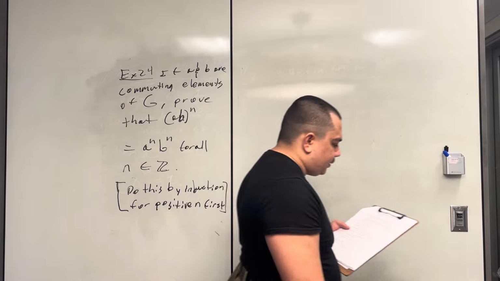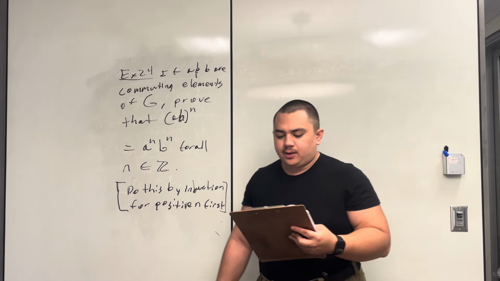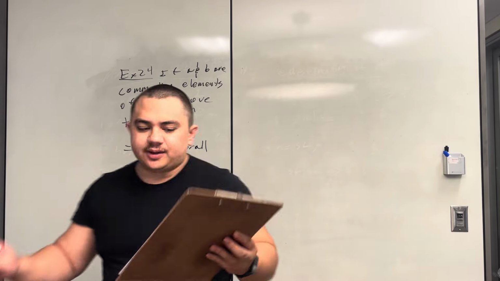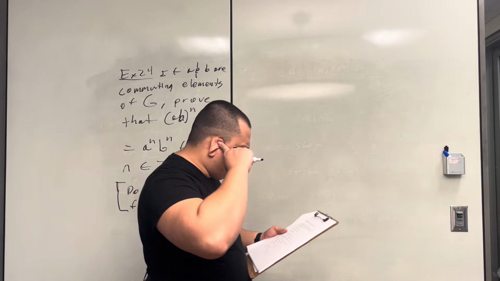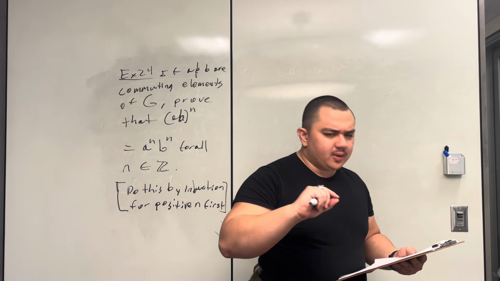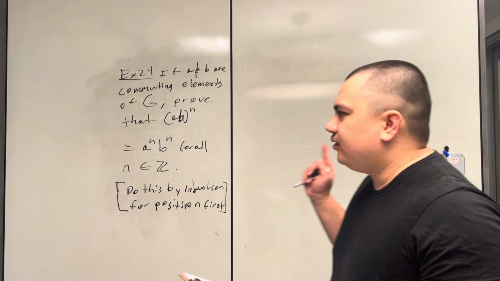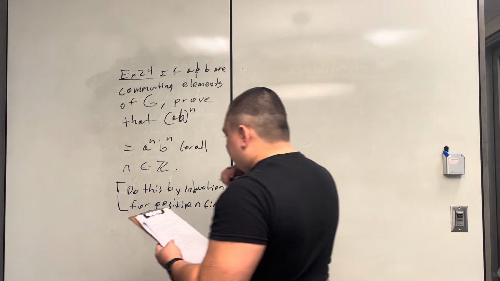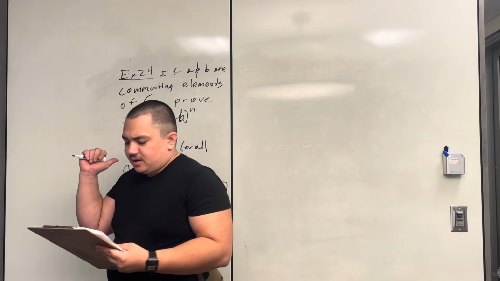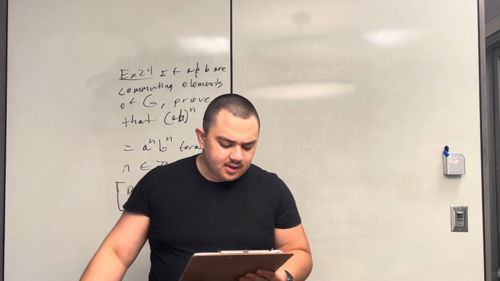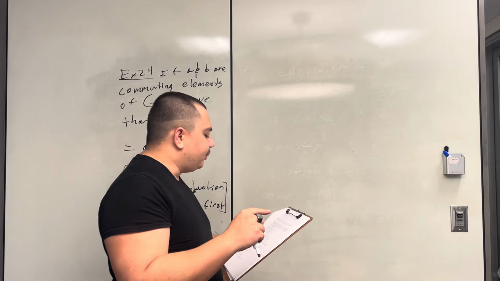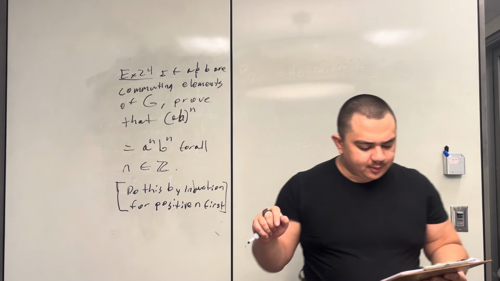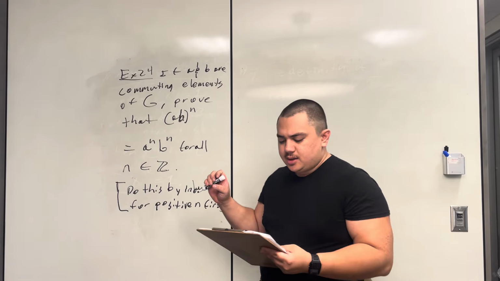Intuitively, when AB is equal to BA, powers separate cleanly. Each time we append another AB, we can slide the new A past all existing Bs, and the new B past all existing As. So (AB) to the k plus 1 is equal to A to the k plus 1 times B to the k plus 1.